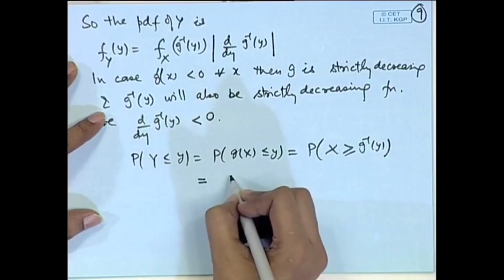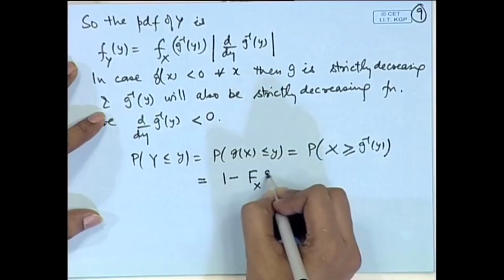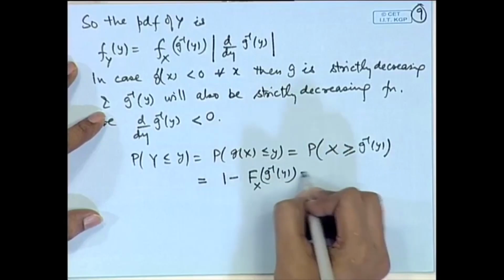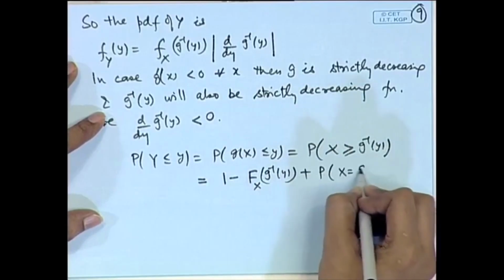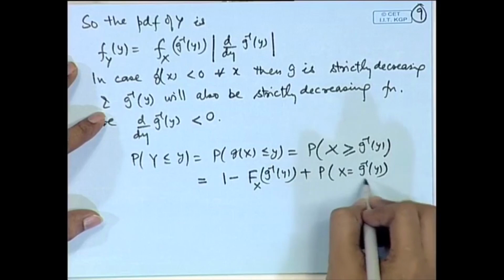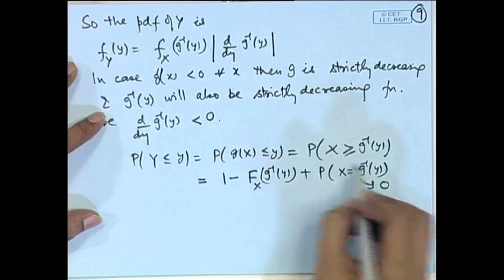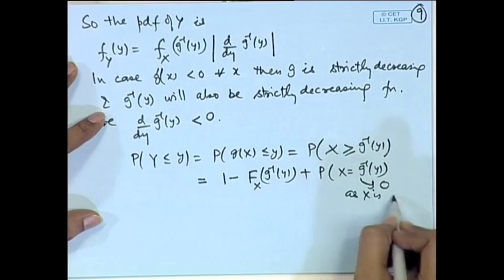So, which we can write as 1 minus F_X(g inverse(y)) plus the probability of X equal to g inverse(y). Now, this term will be 0 because X is continuous.